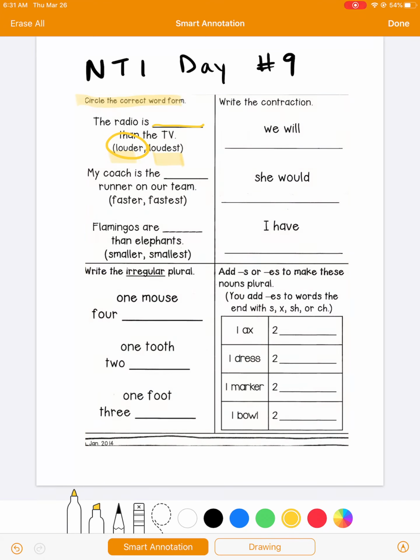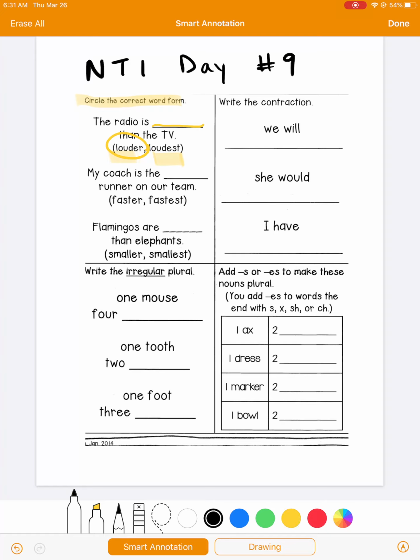Now, my coach is the blank runner on our team. So would the coach is the faster runner on our team, or my coach is the fastest runner on the team? You decide which one sounds the best. And then the last one, flamingos are smallest than elephants, or flamingos are smaller than elephants.